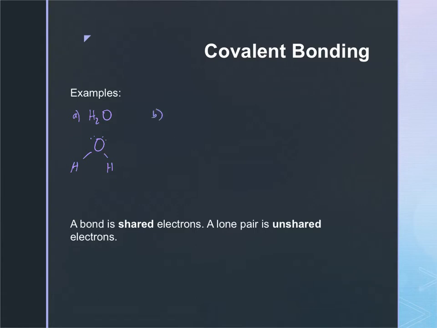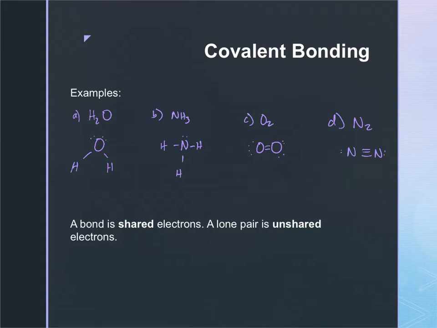We also got some NH3 here, ammonia. O2 here is two oxygens, double bonded together. And then we got some nitrogen molecules. Nitrogen here has a special triple bond with a single lone pair on each side.